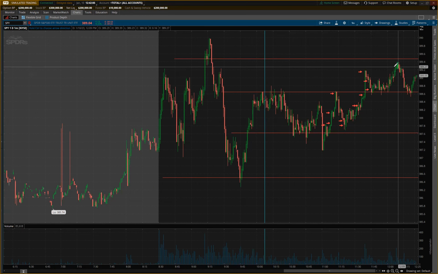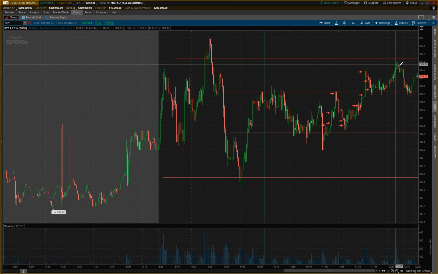So yeah, it could keep going a little bit more, but since it's getting fairly close to this, we want to be a little bit careful there because it could head back down because now it's playing in these two zones. Again, potentially you could have gotten in here if you wanted to take the chance, but then you'll see you're not going to get much of a profit there, and then almost immediately after it starts dropping. So if you got in and didn't act fast enough, you may have taken a loss on this.